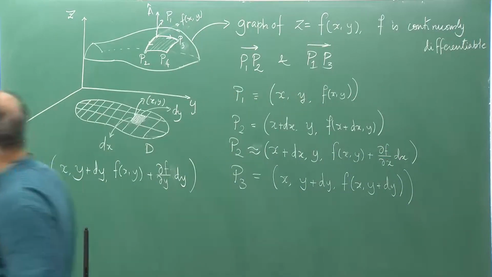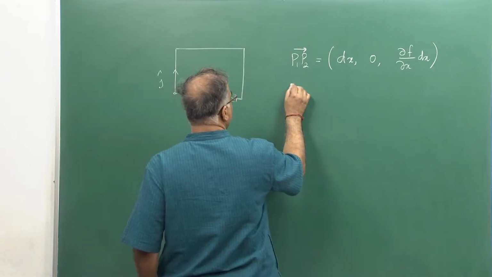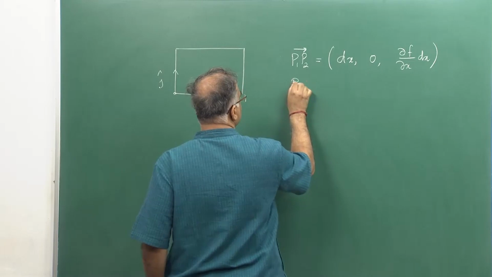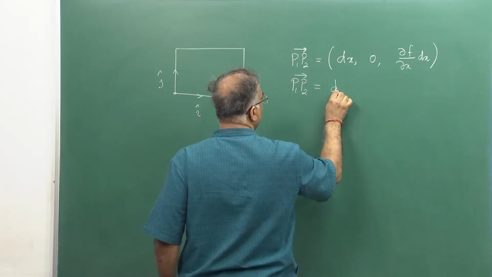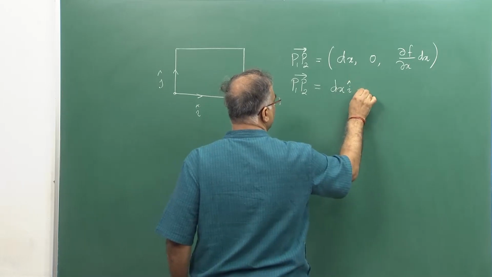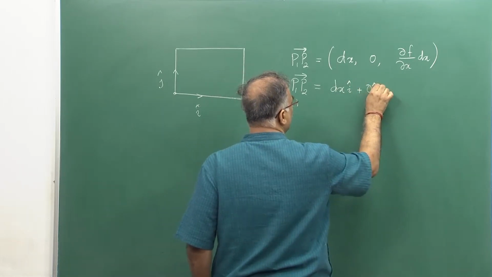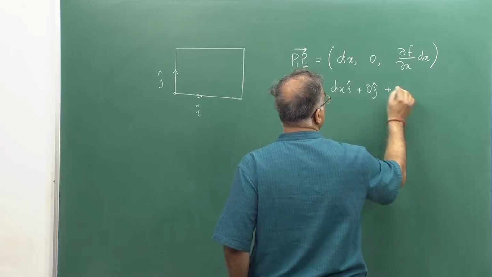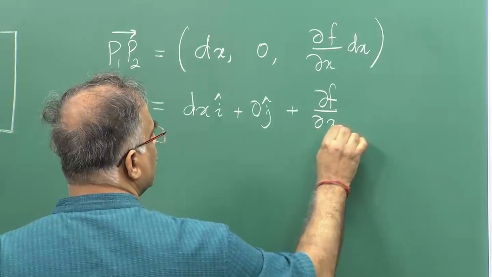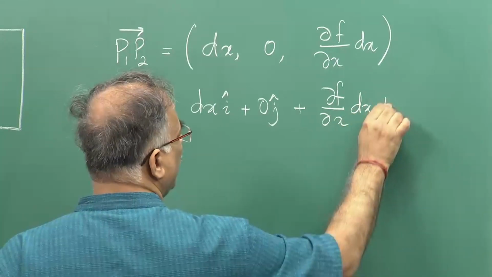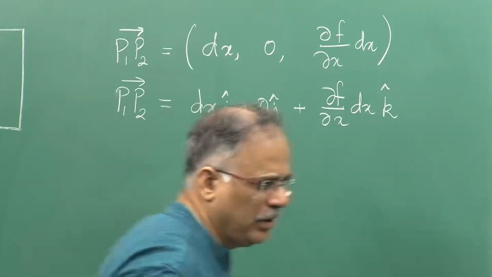So I can write P1, P2 vectorially as dx into i vector plus 0 into j vector plus del f del x dx into k vector. This is what I can write.